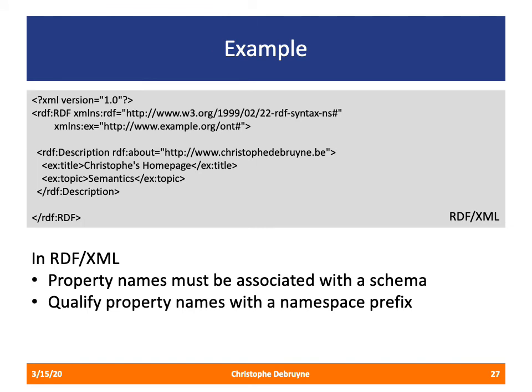So in RDF XML, whenever you use a property name, well, then you need to qualify it with a namespace prefix, and that namespace prefix must be associated with a schema that has been declared here above.